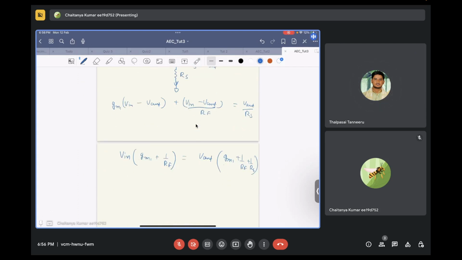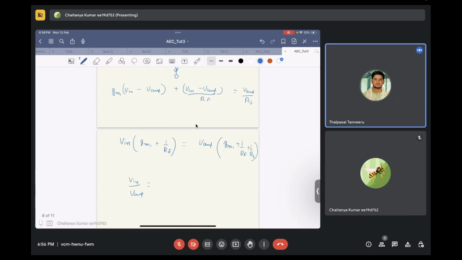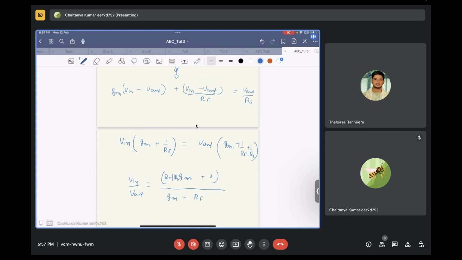So your input to output equation is V in by V out is equal to GM1, let's call it RF parallel RS, plus 1 divided by GM1 plus RF, and over here you have RF by RF parallel RS.